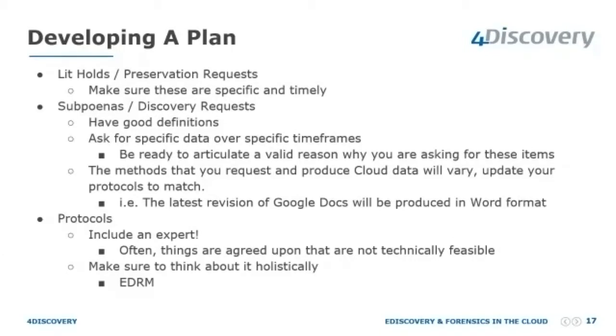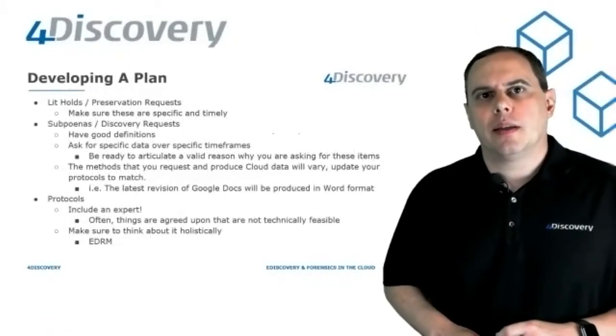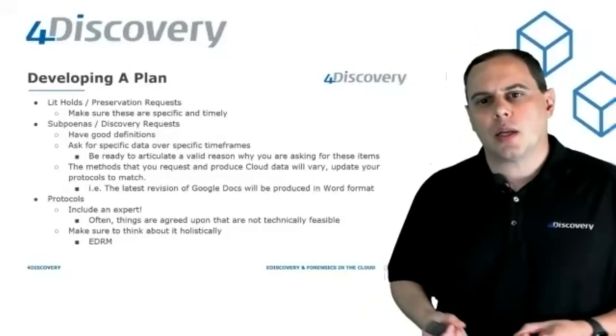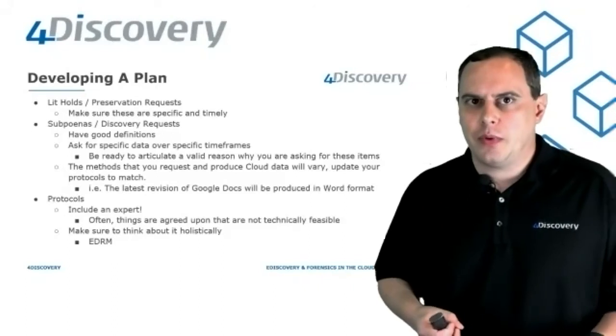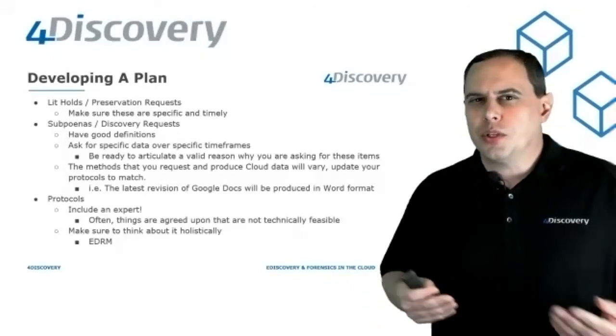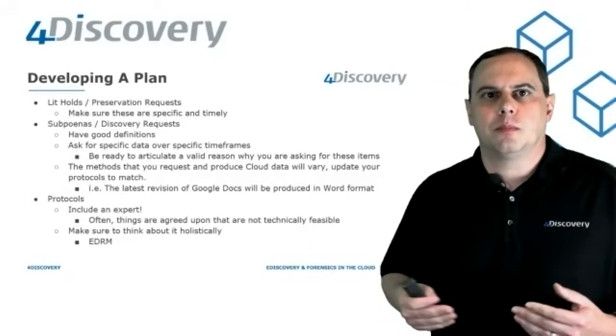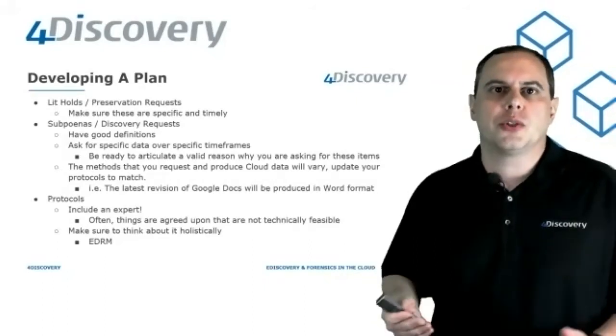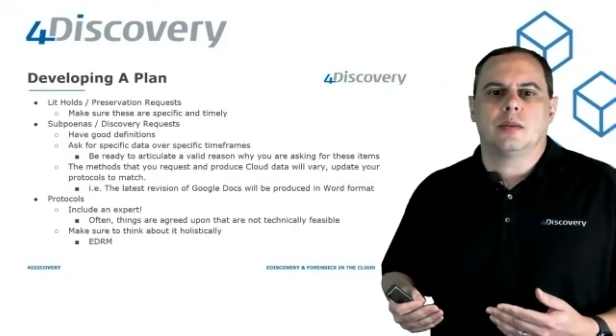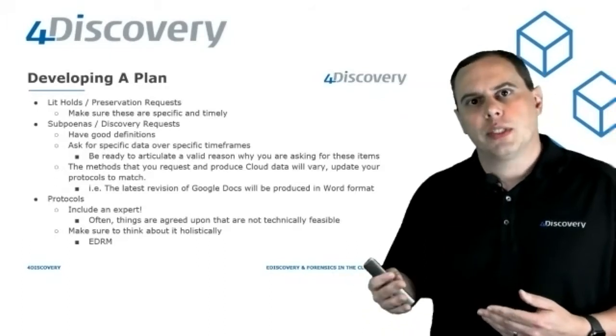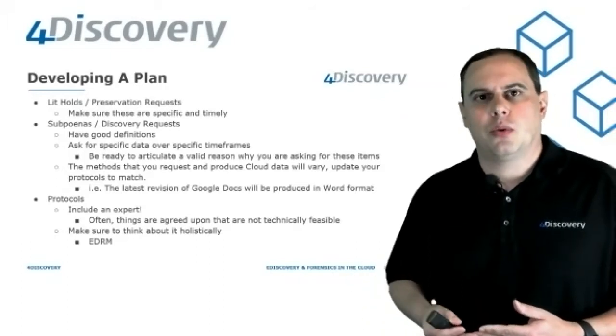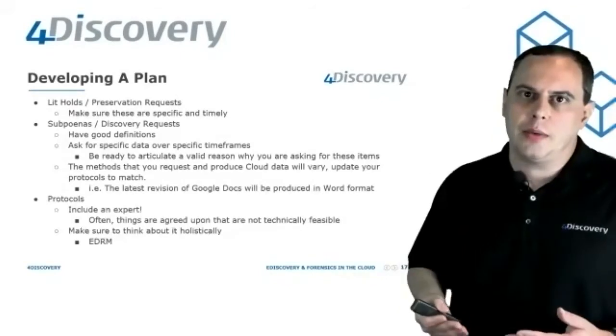And make sure you're specific in what you're asking for, right? Do you want the current version of a Google Doc in a Word format, a PDF? Are you concerned about comments? Some of that may come down in one version versus not another. Downloading a Google Doc as a Word file will retain all the comments that you might have on a Google document, but downloading it as a PDF won't.